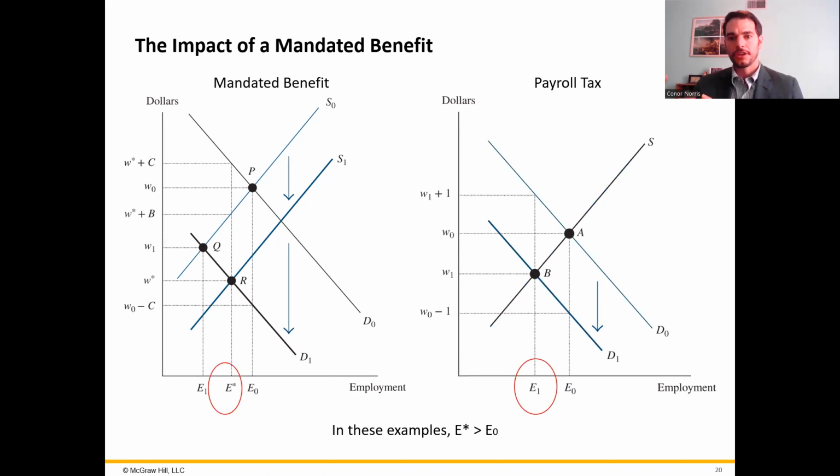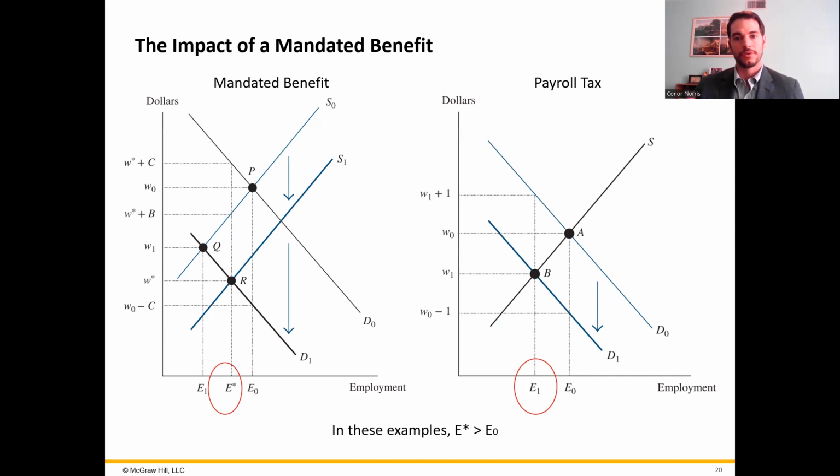So the government can either tax and create a program, or they can require firms to provide something. The tools of supply and demand allow us to compare the effect of both ways of achieving the same goal to see which is more efficient. What we've seen from this analysis is that as long as the workers actually value the mandated benefit in some way, it will cause less disruption to require the firms to provide this benefit rather than instituting a payroll tax and having the government provide it.